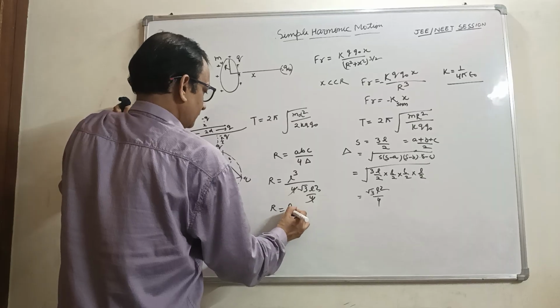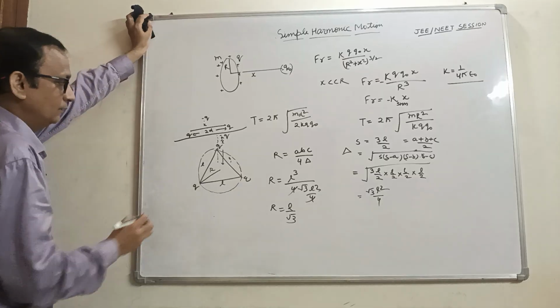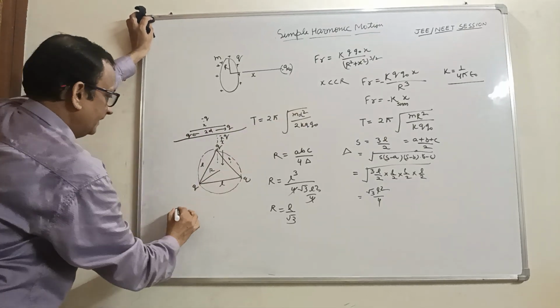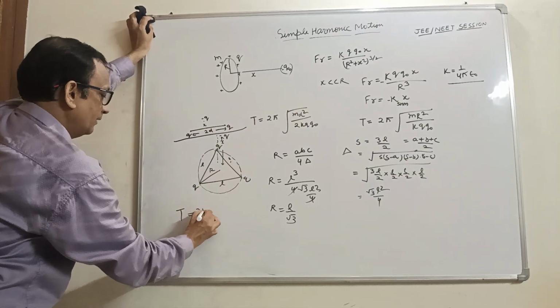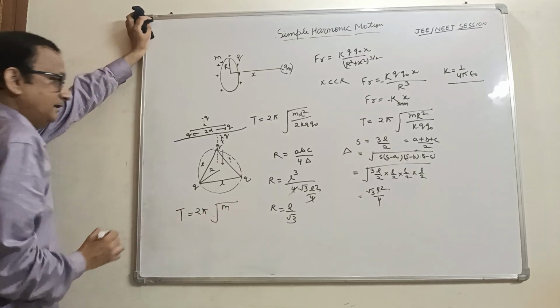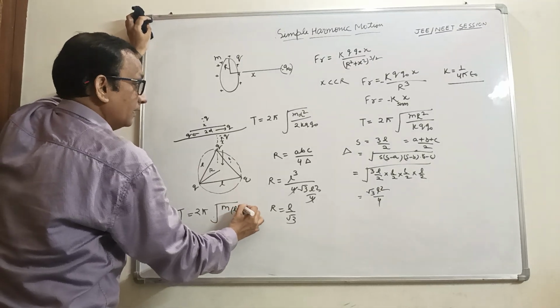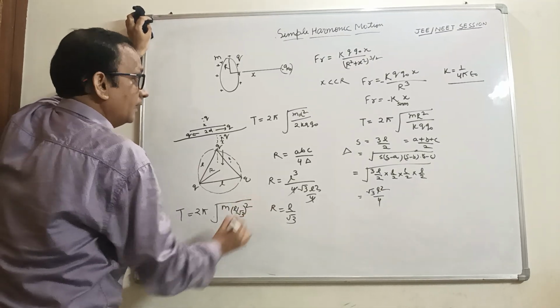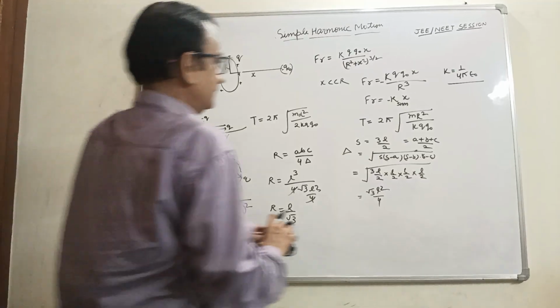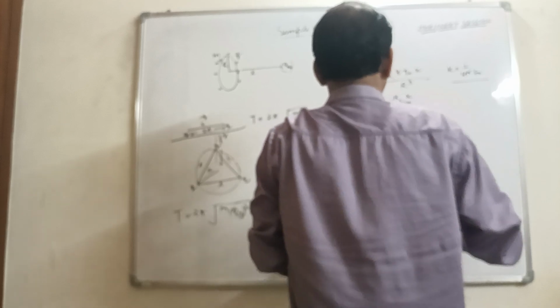In this scenario, we find the time period, which would be 2 pi under root of m r cube upon 3k q naught, where R would be L by root 3. Sorry, this is cube, not square.